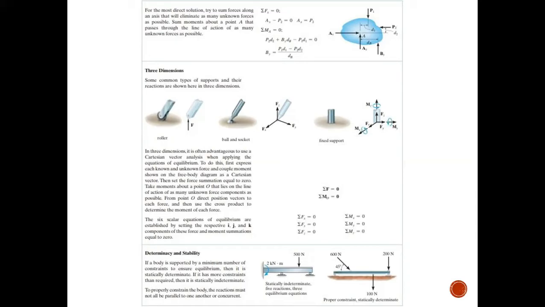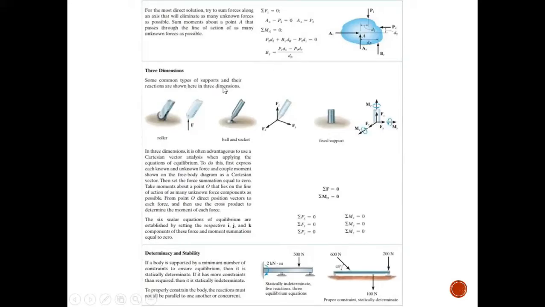Sum moments about a point A that passes through the line of action of as many unknown forces as possible. So the total Fx is equal to 0 and the total MA is equal to 0. There are equations here to find the forces of A and B.